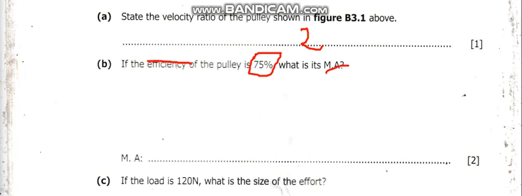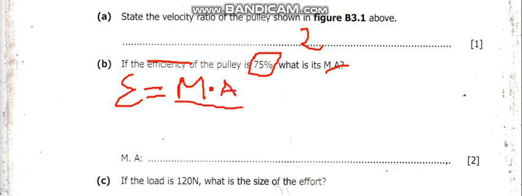So when calculating this one, we understand that the efficiency is equal to the mechanical advantage, down there we have the velocity ratio. So this is our formula: mechanical advantage over velocity ratio times 100. This is the formula that we use in calculating the efficiency.